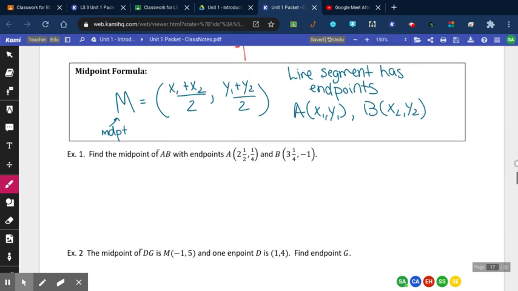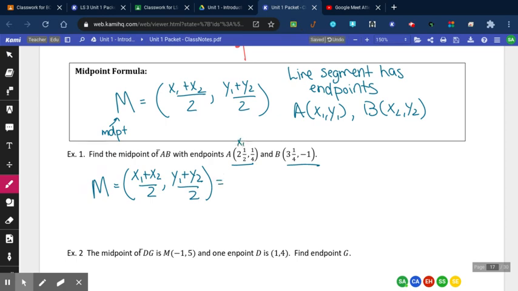Okay, so let's practice. Find the midpoint, right? And they give you these endpoints here. So I'm going to say, okay, well, here's my formula: x1 plus x2 over 2, y1 plus y2 over 2. Basically, I'm finding the average, right? So I'm going to plug in.